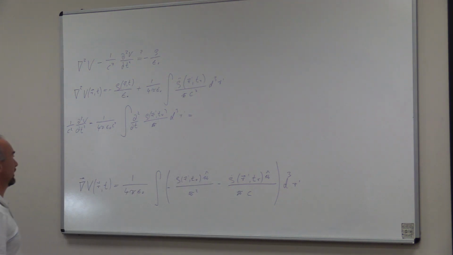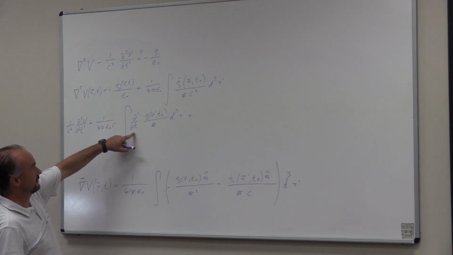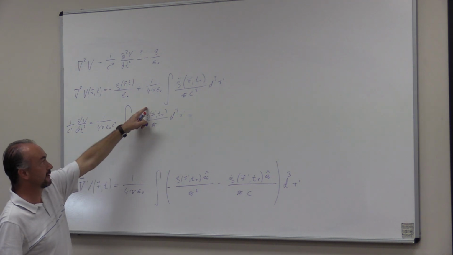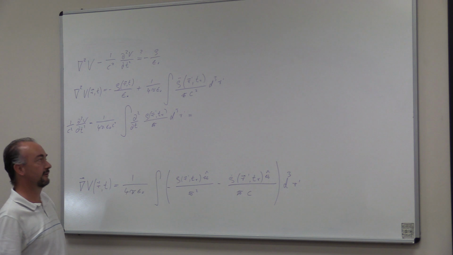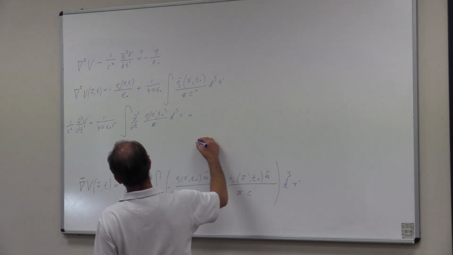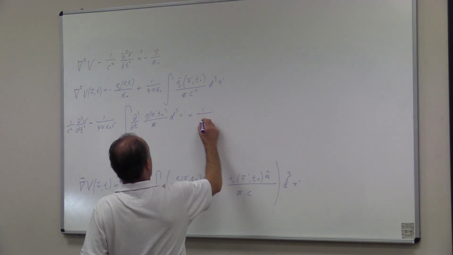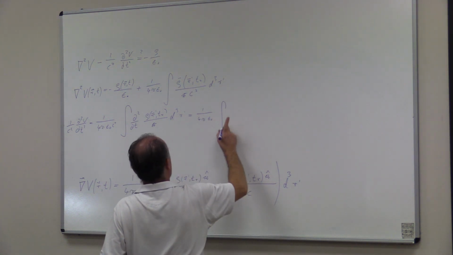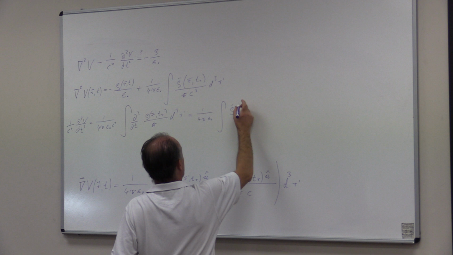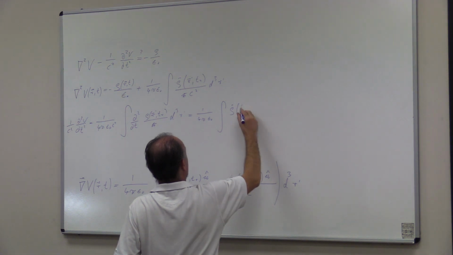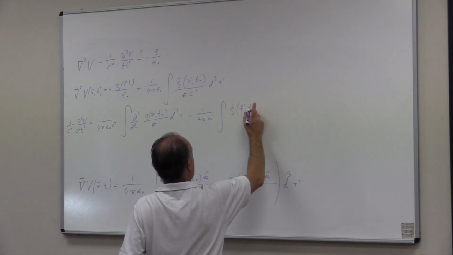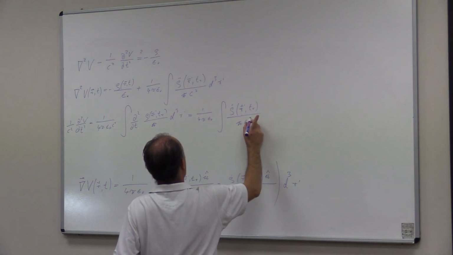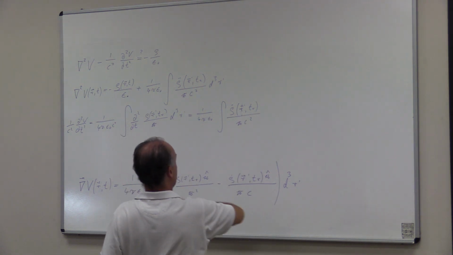But taking the derivative with respect to time just gives us a rho dot here. So simply 1 over 4 pi epsilon naught integral rho dot over r c squared in here.